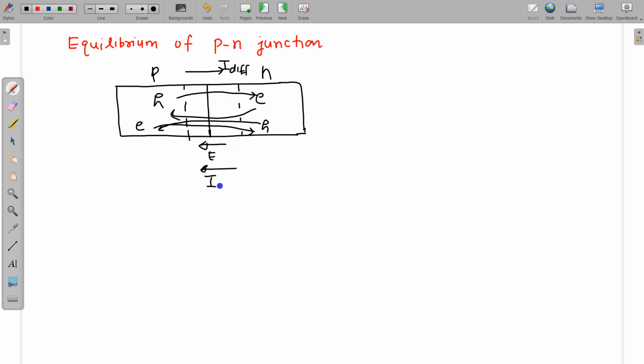So drift current will be in this direction. As space charge density is increasing, drift current is also increasing and diffusion current is decreasing. So as time passes, diffusion is decreasing and drift is increasing.